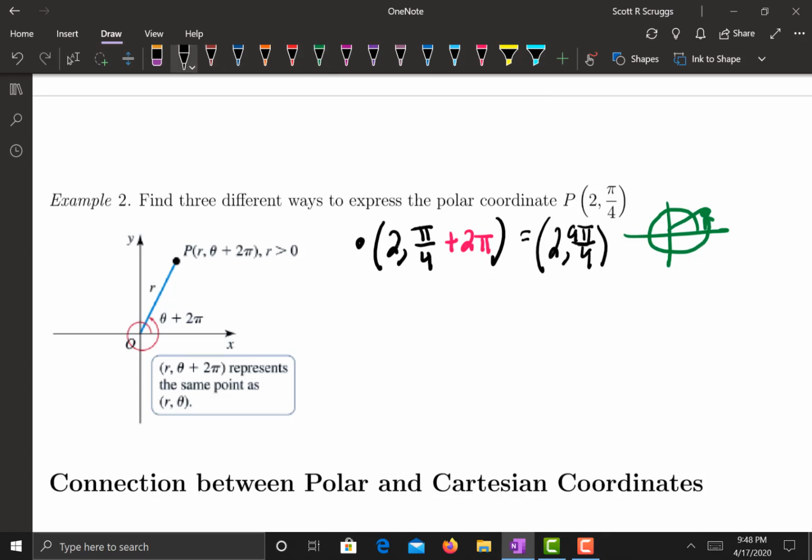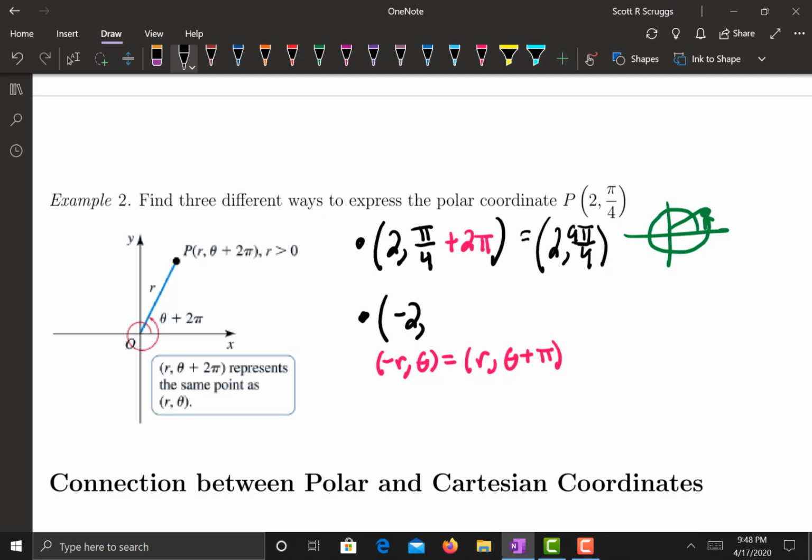Another way that I can represent this is I'm going to now use the identity negative r, theta equals r, the radial coordinate, and then I rotated by an extra 180 degrees. And I could go backwards with this if I started with a positive radial coordinate to a negative.